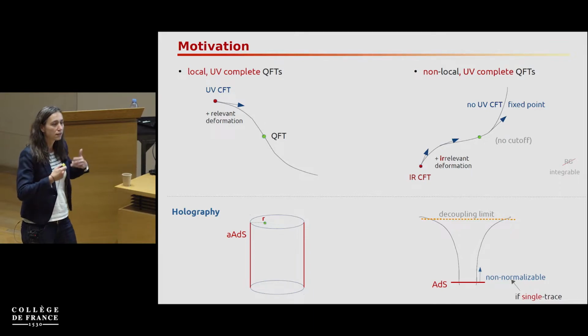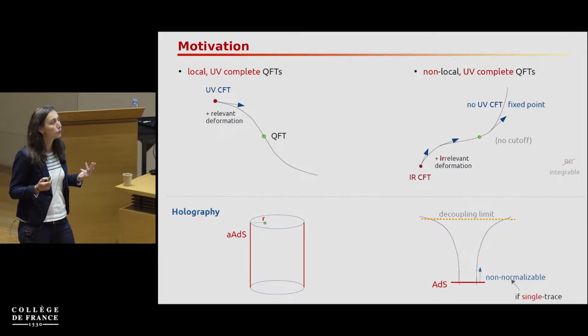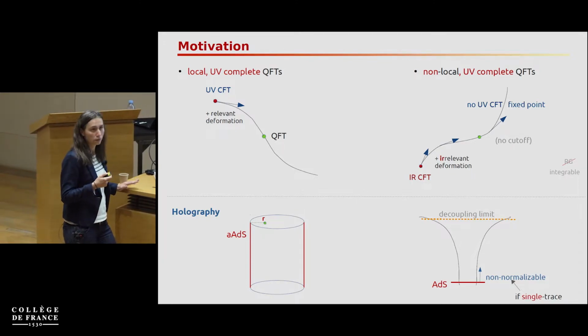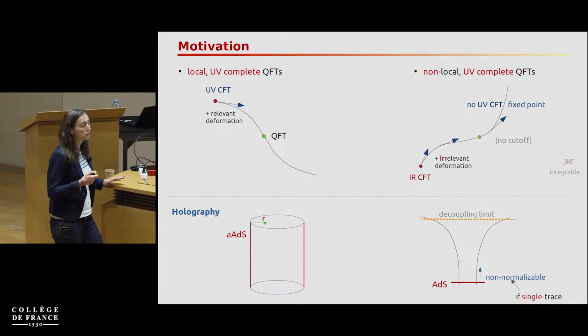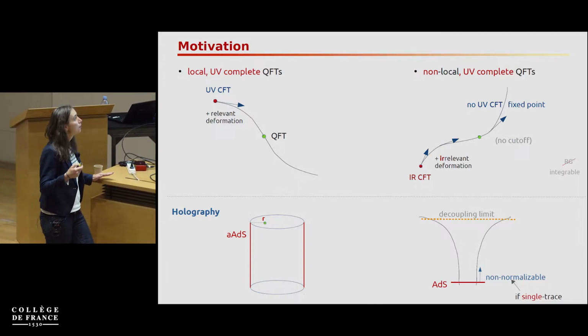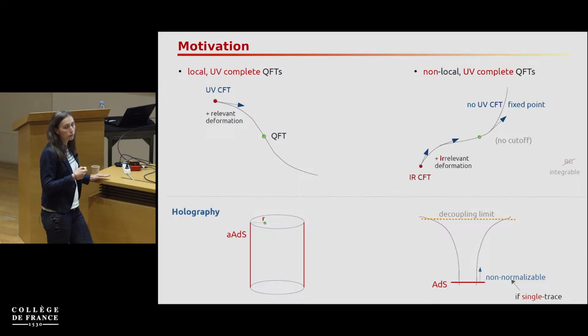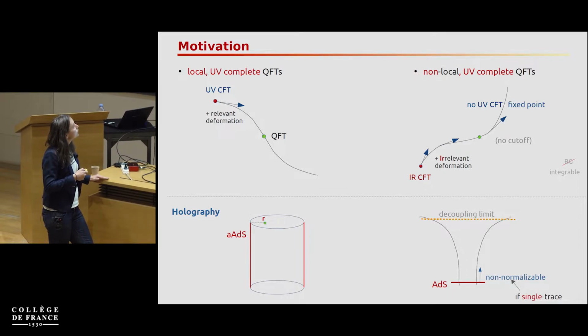To introduce them, these are theories that are a little bit weird. They're different from the standard framework that we use in quantum field theory. So let me remind you what the standard local quantum field theory framework that you learn in QFT class is. If I ask you to produce for me some local UV complete QFT, what you'll probably do is imagine there's some conformal field theory in the ultraviolet, and then you deform this CFT by a relevant operator.